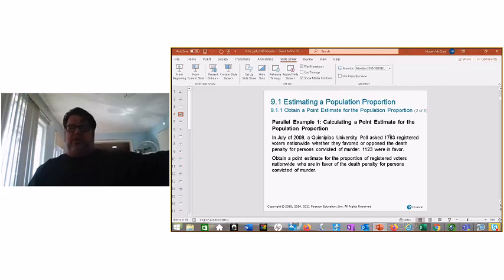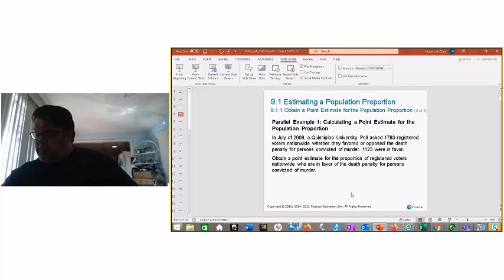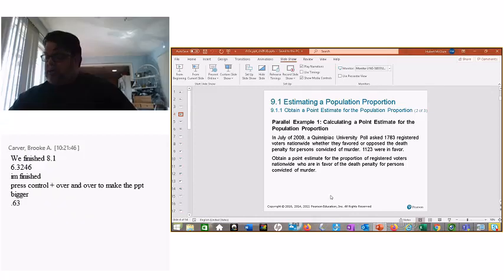So go ahead and do p hat and q hat. Go ahead and calculate that. And I'm going to do that on here. So p hat is equal to 1123 over 1783. And if y'all could give me a decimal to 2 places, I'd appreciate it.